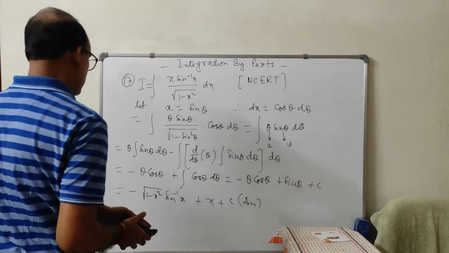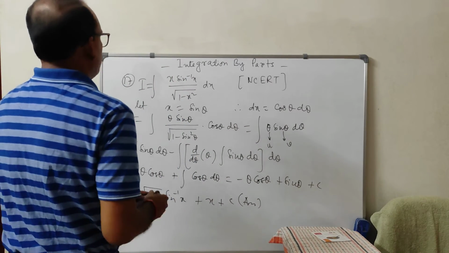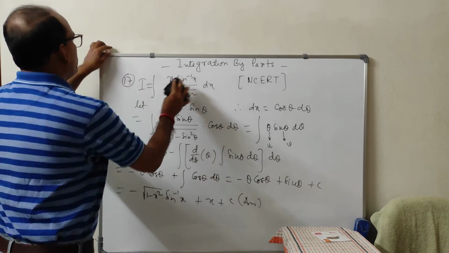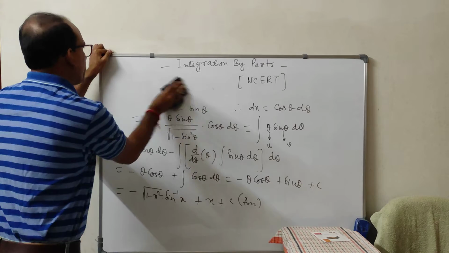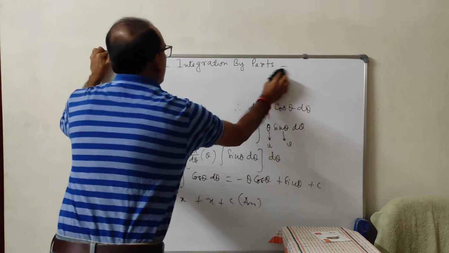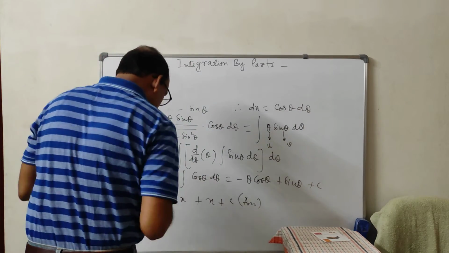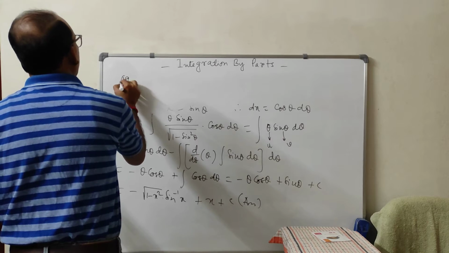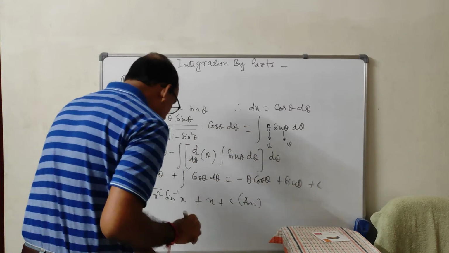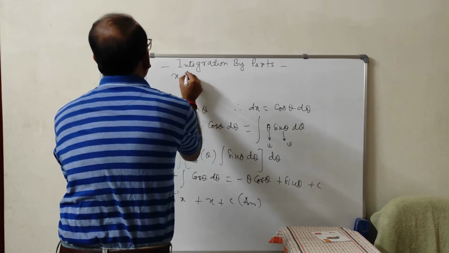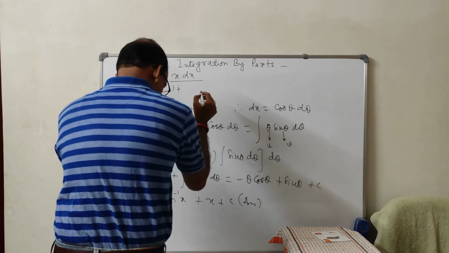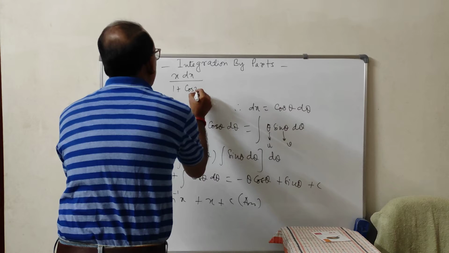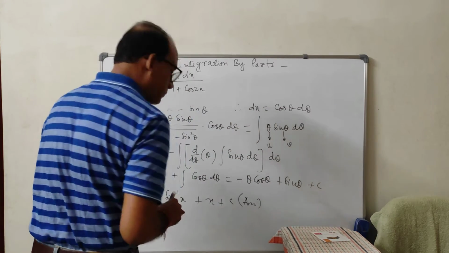So okay, take problem number 19. What is the problem? Very popular problem. This is a very popular one. Integration x dx by 1 plus cos 2x. This is the problem.